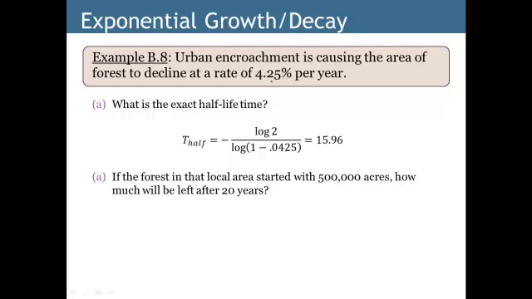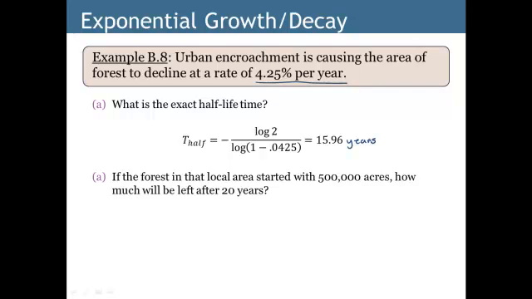So 4.25% as a decimal is 0.0425. You work that out, and it's 15.96. 15.96 what? Well, my rate was per year. So here's your years. So in other words, this forest is going to be cut in half. It's going to be half as big in about 16 years.